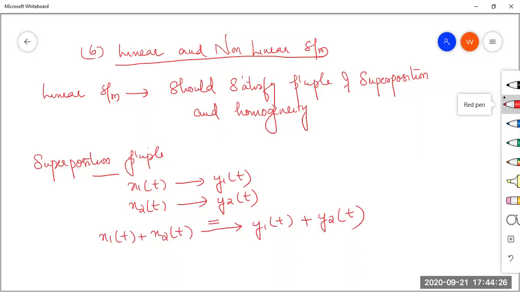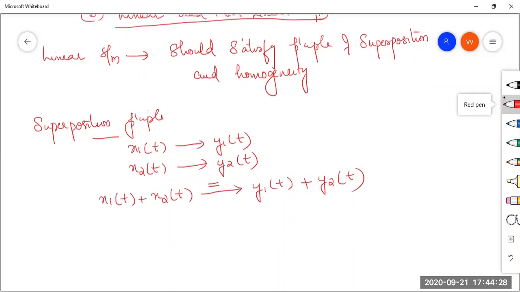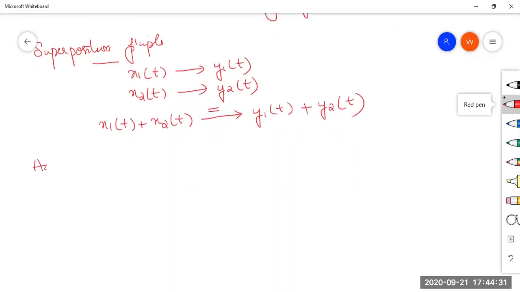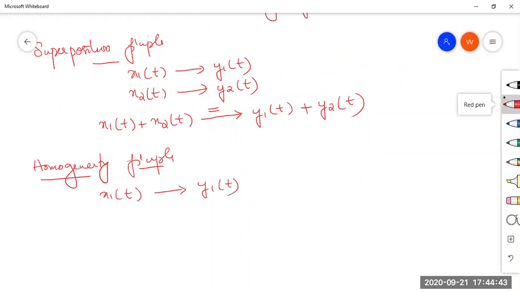Now next is homogeneity principle. Now this says if you have two inputs x1 of t, corresponding output be y1 of t. Second input x2 of t, corresponding output be y2 of t. Then you multiply your first signal x1 of t by a constant a1.